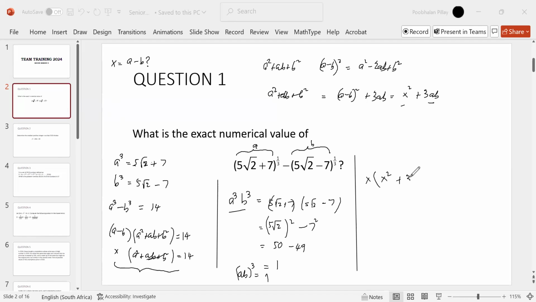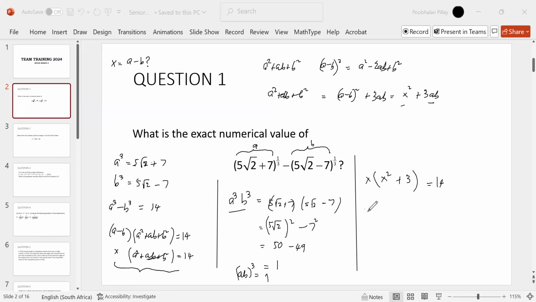So it's x into x squared plus 3 is equal to 14. Now that's a nice equation, but it's a cubic equation because you got x times x squared. And you don't know how to work out a cubic equation, but just do it by inspection. Try some values and see what happens.